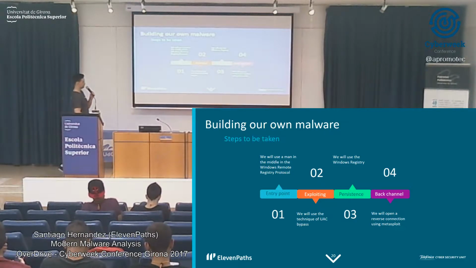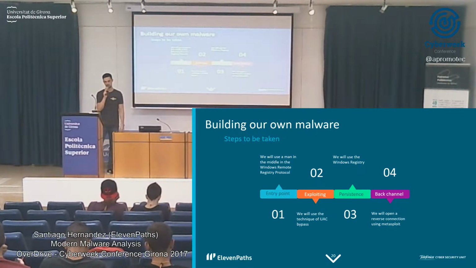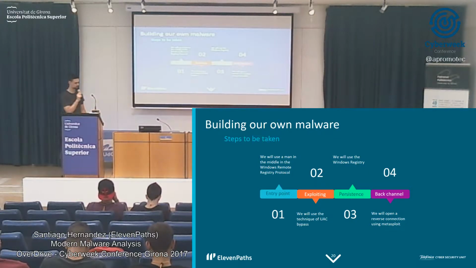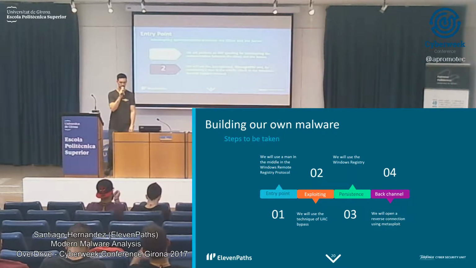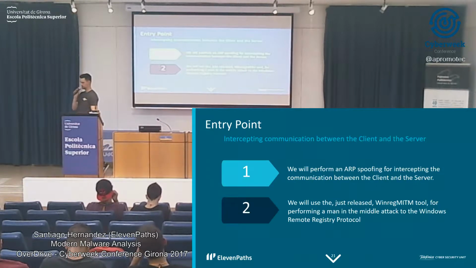And after that, we will open a reverse connection that we are going to handle just with Metasploit in the attacker machine. I'm going to perform this just to show you that you can almost build a malware without knowing anything and without coding almost anything.